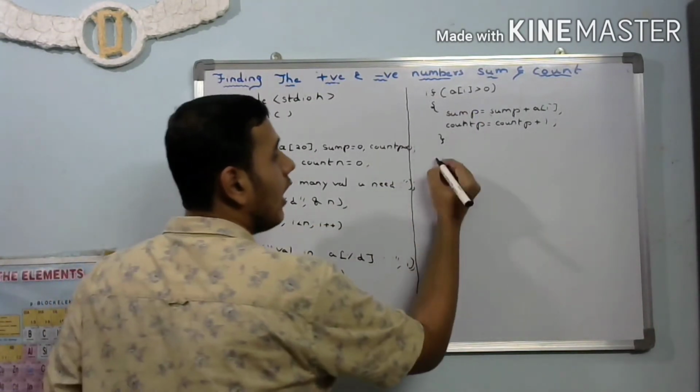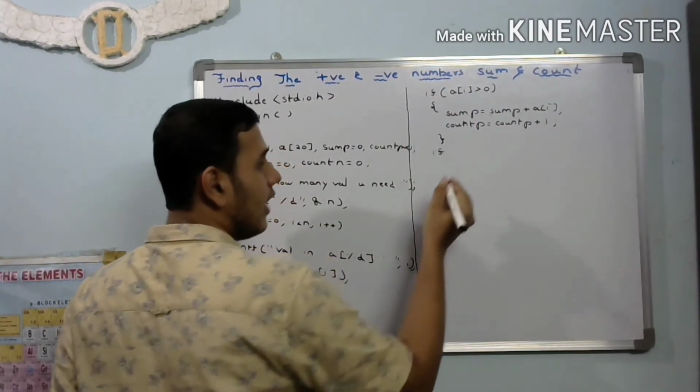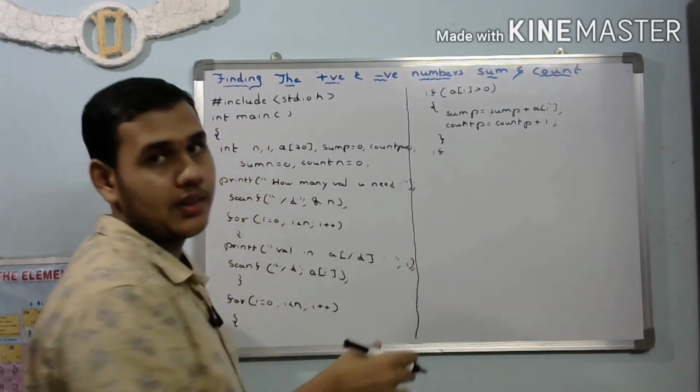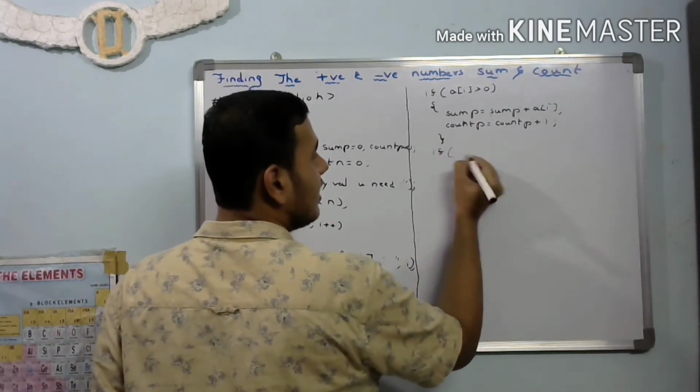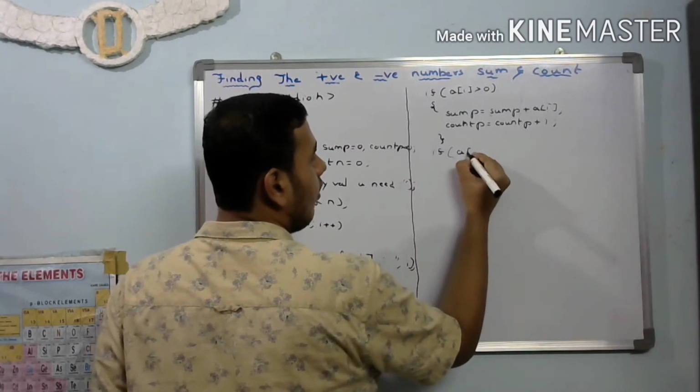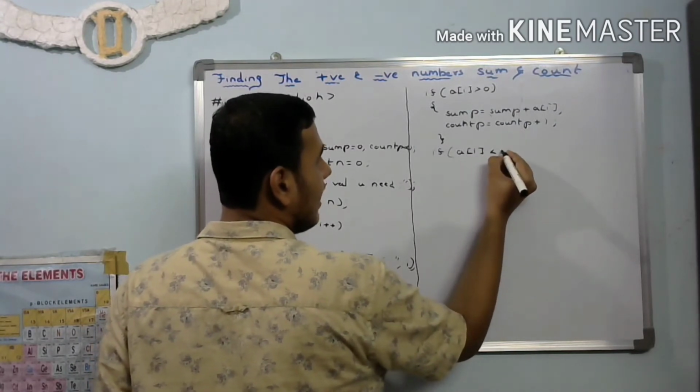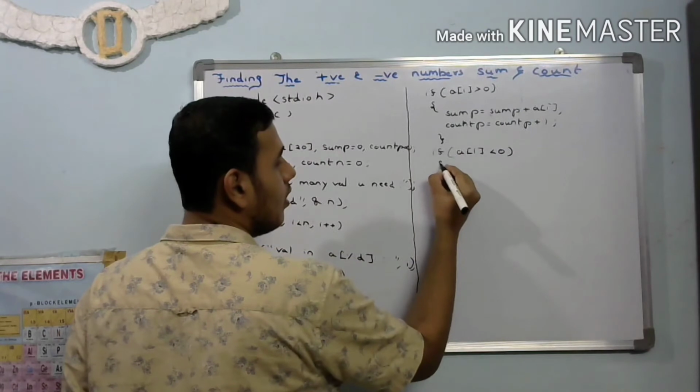If it's not, I will give another if. Instead of taking else, I am also including an if part. So another condition: if a of i is less than 0, then it will be negative.